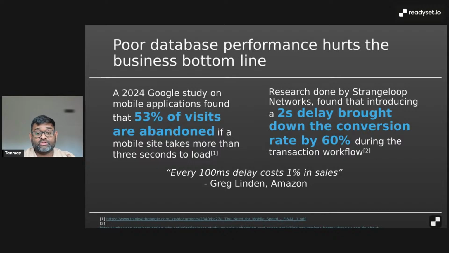And in Google's 2024 study on mobile web performance, over half of users abandoned the site if it took longer than 3 seconds to load. Now, while front-end optimization gets a lot of attention, back-end database latency is often the hidden or the silent contributor. This isn't new information, but many teams still treat performance regression as edge cases, when in fact they're systemic and recurring.